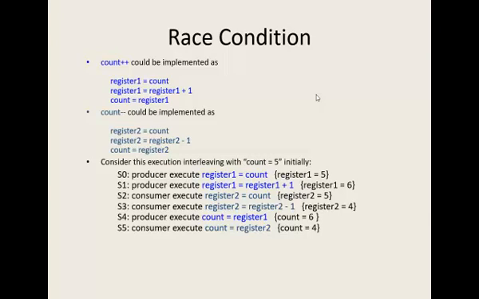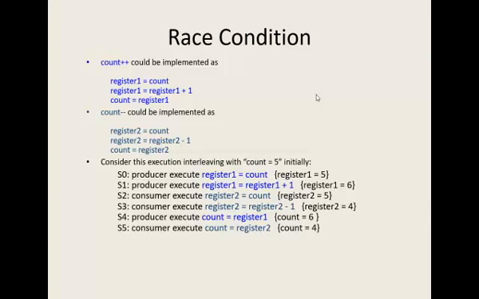So now you know what the race condition is, right? When the sequence of execution changes, the final answer will be different, and sometimes it can be the wrong answer. In this case, whether S4 is last or S5 is last, we will get the wrong answer.